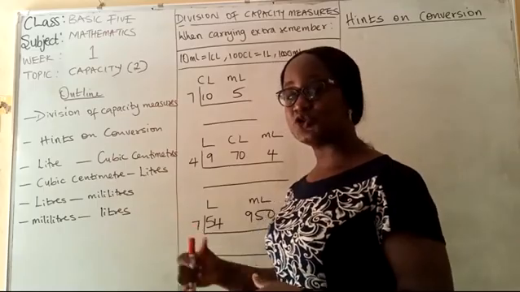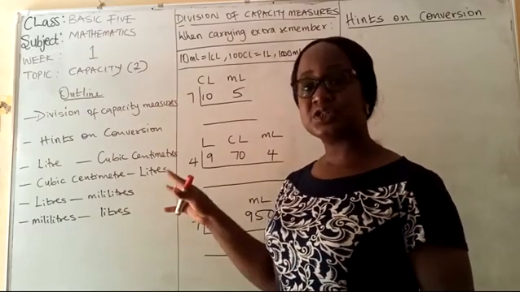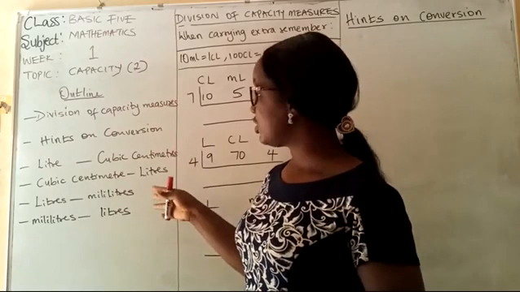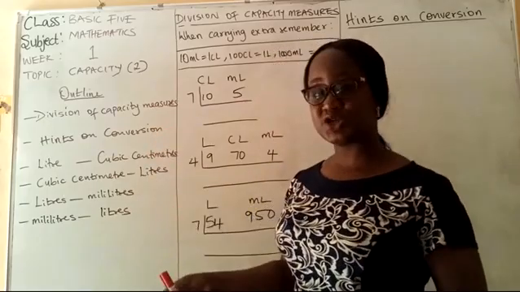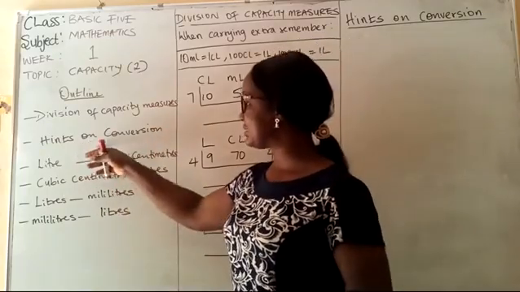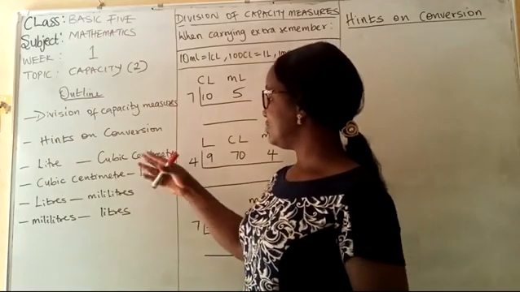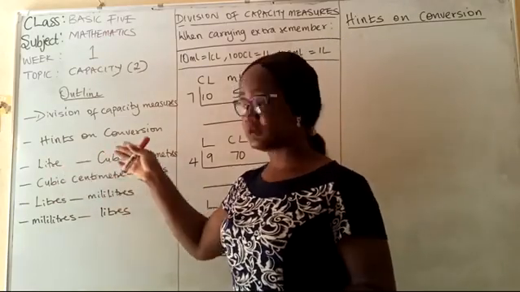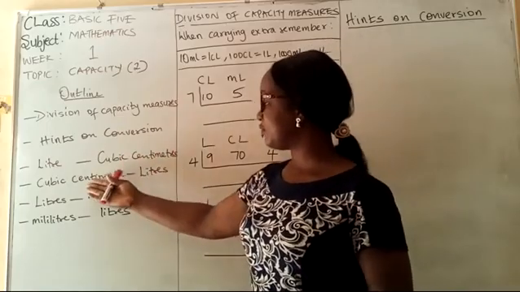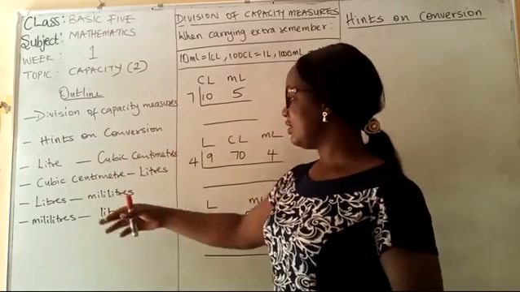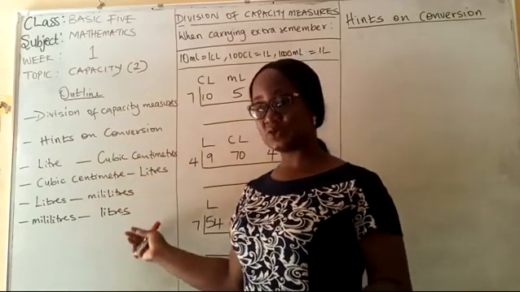Okay, today is a continuation of that class. We're going to solve for division of capacity measures, and I'll give you some hints on conversion in capacity. Okay, and then we convert from liter to cubic centimeter, we convert from cubic centimeter back to liter, liter to milliliter, milliliter to liter.